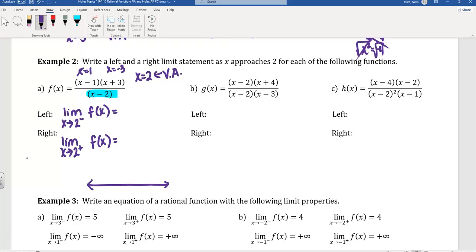So I will put them on a sign line. I've got negative 3 here, positive 1, positive 2, and then I've got x minus 1, x plus 3, my x minus 2 up here, and then my answer.